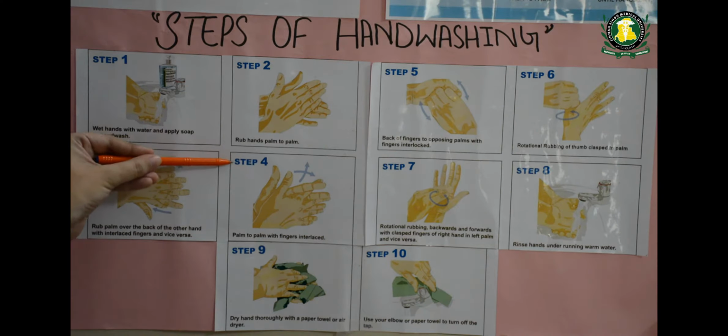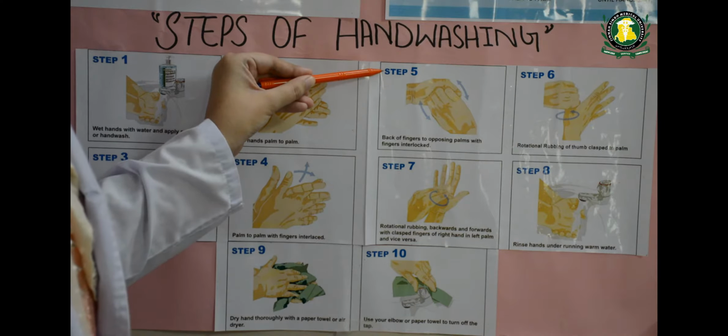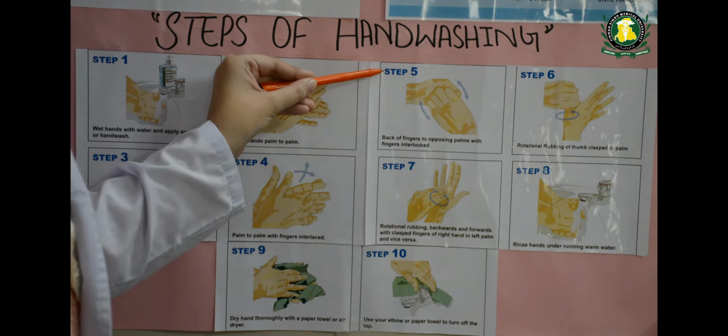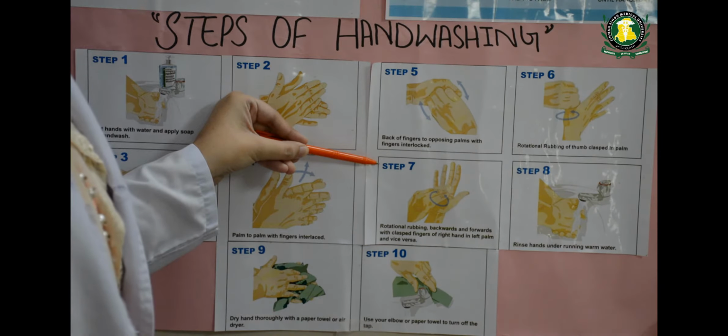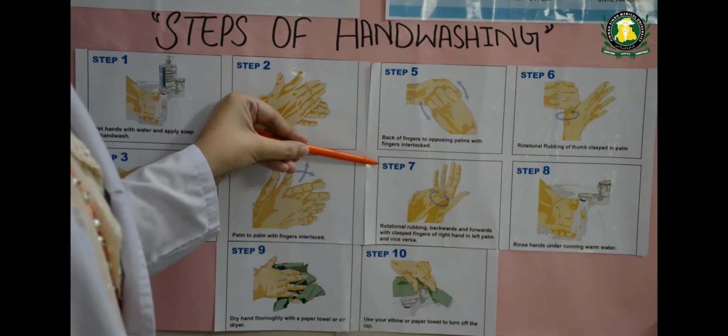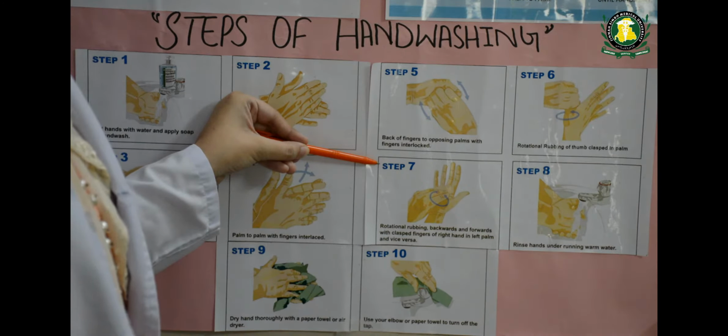Step 5 is back of fingers to opposite palm with fingers interlocked. Step 6 is rotational rubbing of thumb clasped in palm. Step 7 is rotational rubbing forward and backward with clasped fingers of right hand in left palm and vice versa.